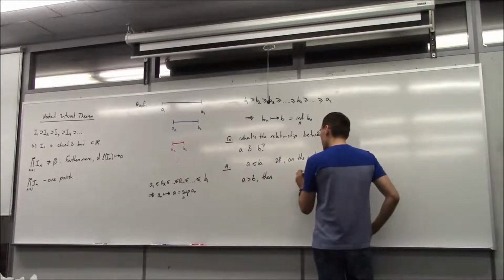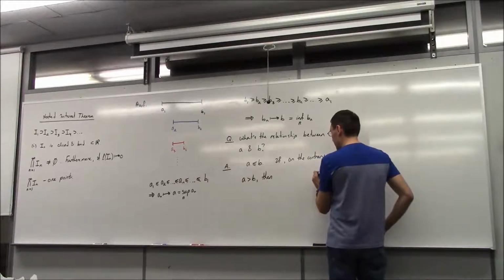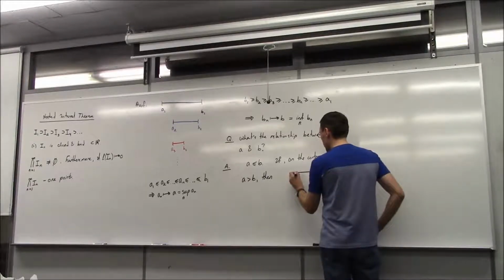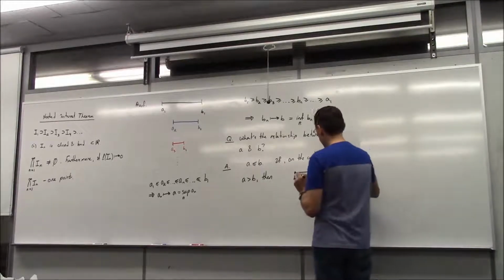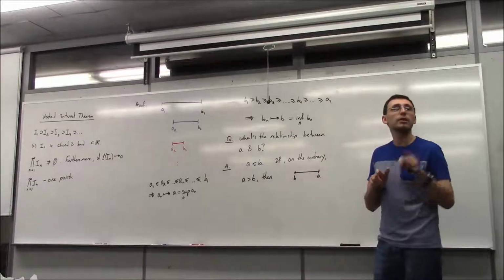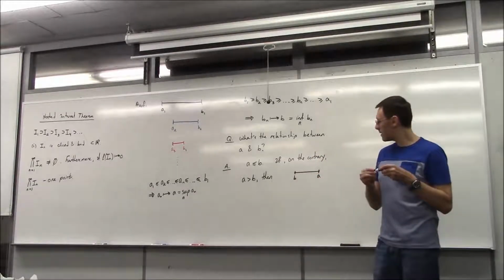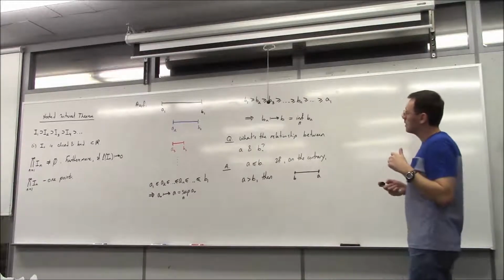I can draw this in this picture. Here is my A, here is that line, here is my B. If it happens that I see something like this, something is going to be wrong. Can we say let B equal B1 and that contradicts our statement?